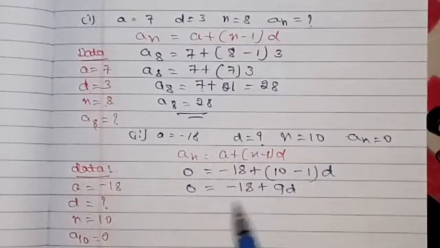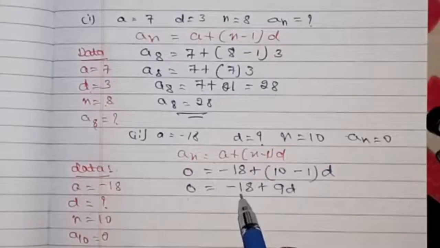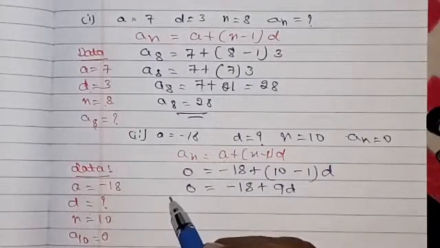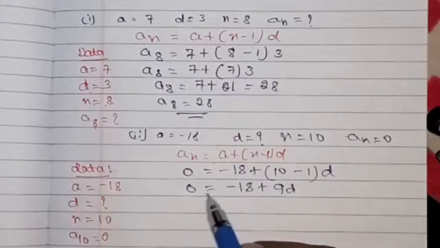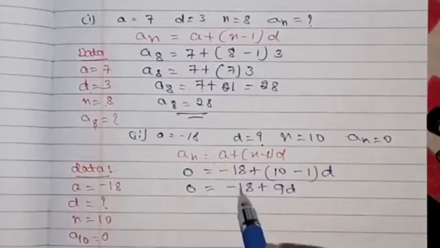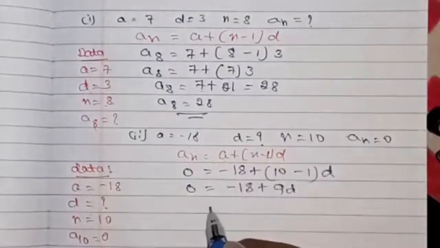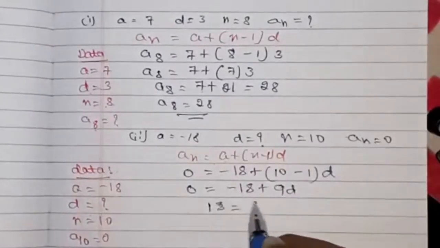Now we need the value of d, right? So therefore just send the minus 18 to the left hand side. If you send minus 18 to the left hand side, it will become plus. So 0 plus 18 is nothing but plus 18. So therefore 18 is equal to 9d.